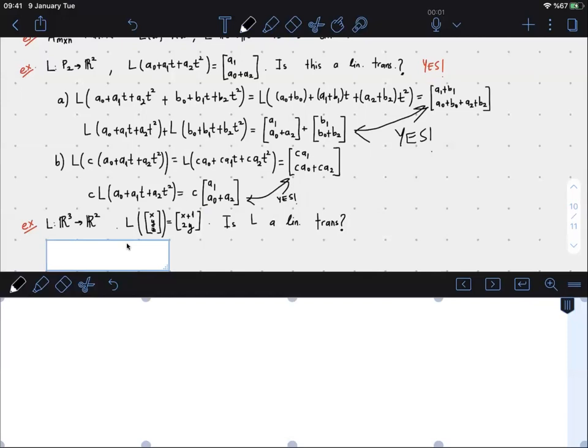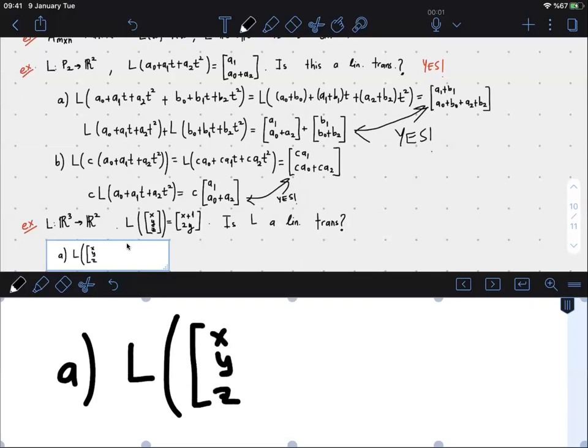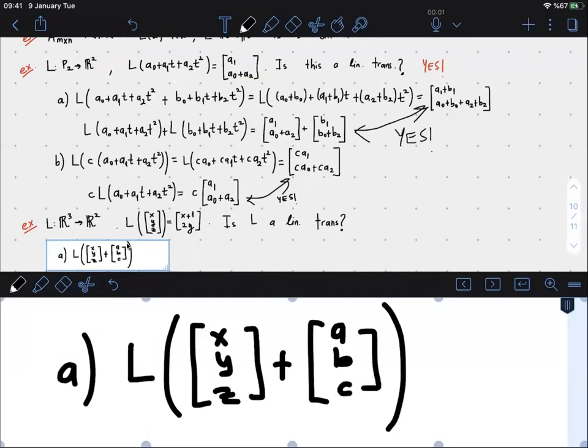Let's see why the answer is no. Okay, so I'm checking the first condition, right? The first condition says if I first add the vectors, let's add it to ABC. So if I first add these two vectors, what will I get?